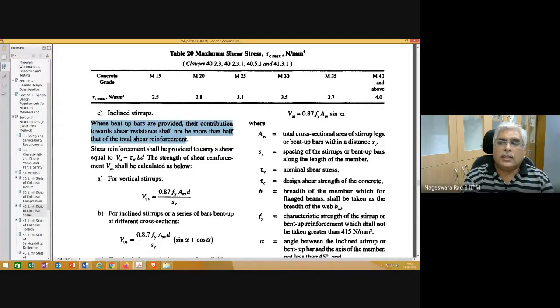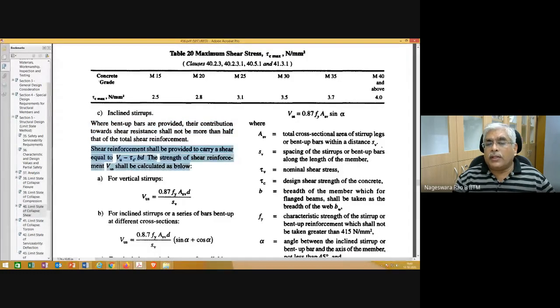What this clause is saying in the code is the contribution of the bent up bars shall not be more than half of tau v minus tau c. So that you keep in mind, or we have to take care of it when we are actually designing the shear reinforcement and when we opt for this combination of bent up bars and vertical stirrups.